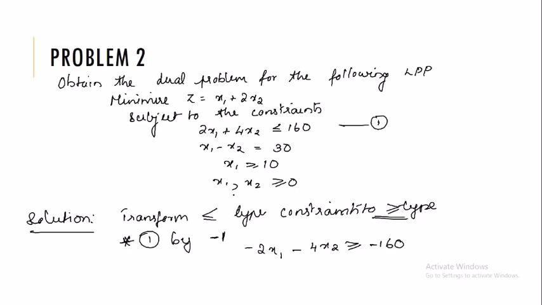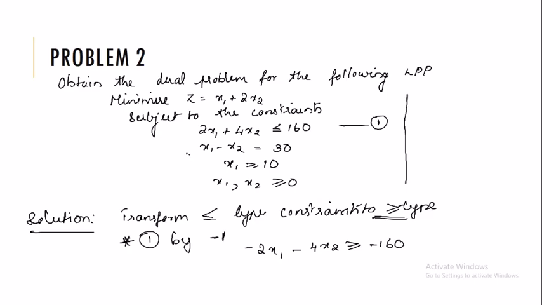Fine. Now what about this? Now you have an equal to sign over here. So this constraint should be split into two parts, greater than or equal to and less than or equal to type.